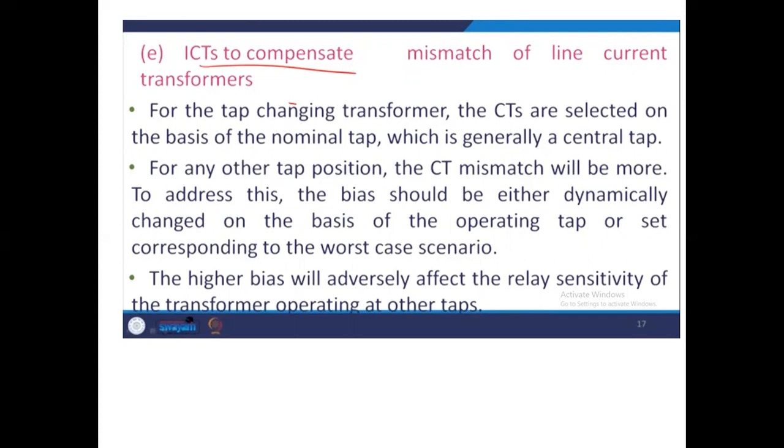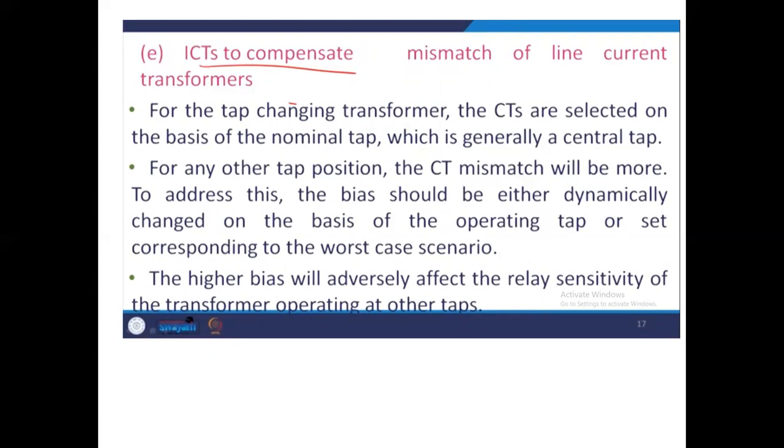So in that case, you have to use the other option, that is known as the interposing current transformer. Interposing current transformers are again non-standard CTs, and these CTs are at the low voltage.